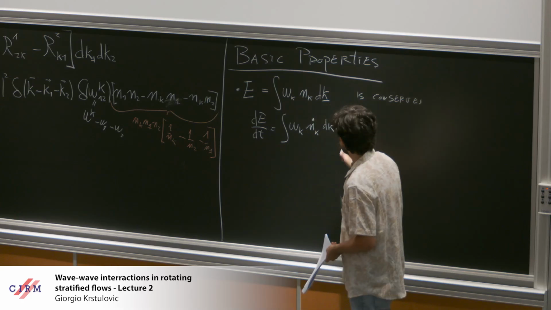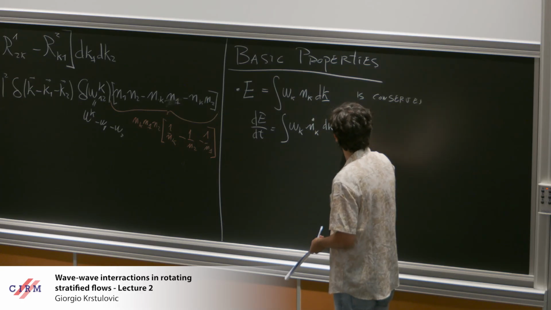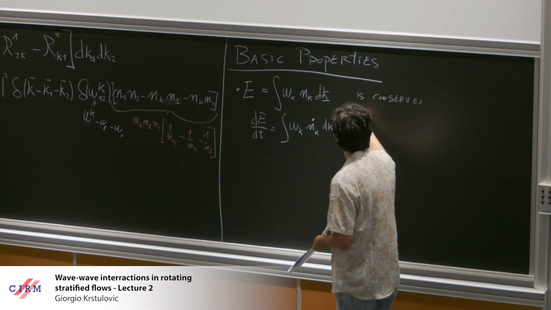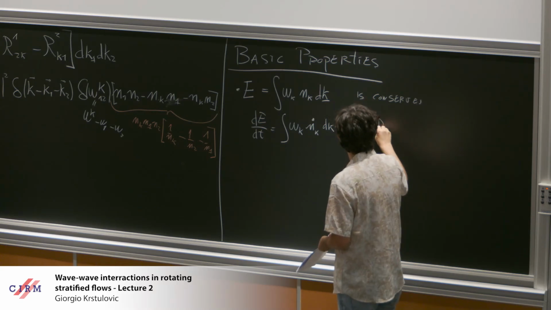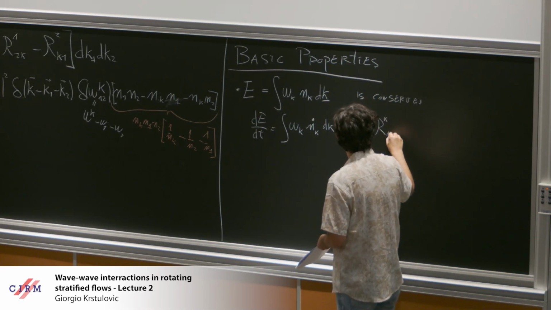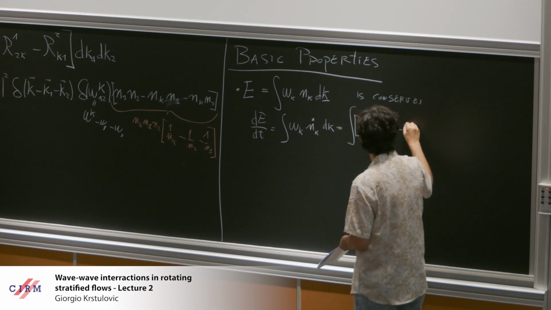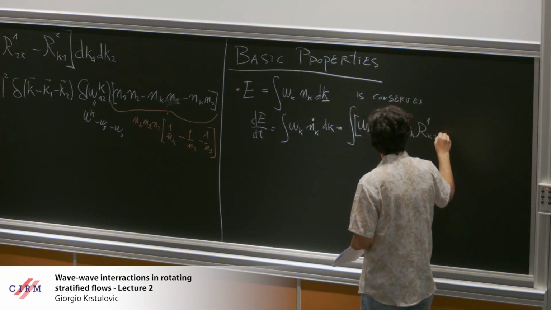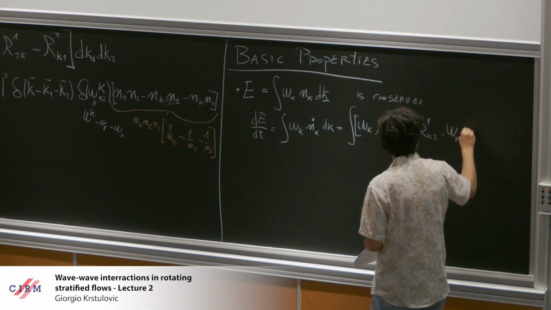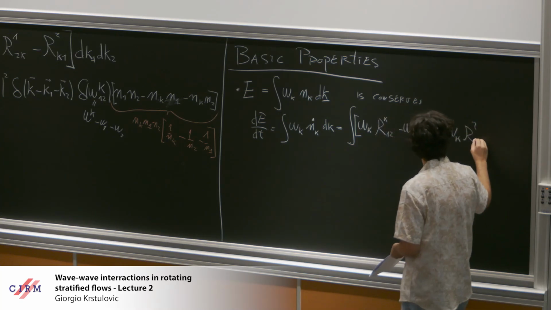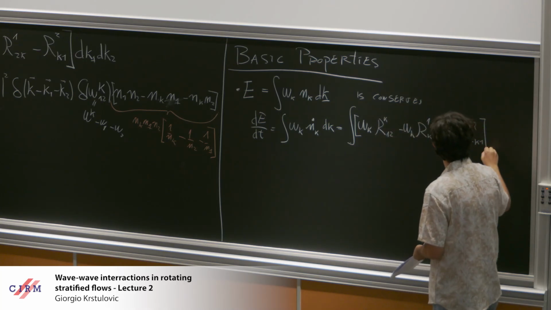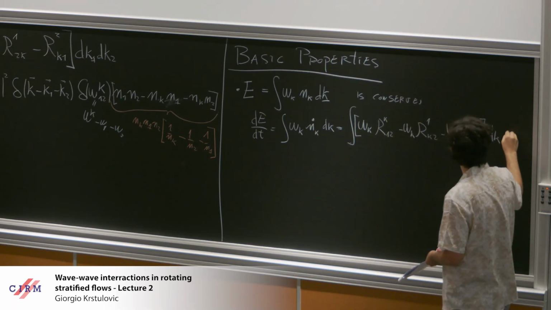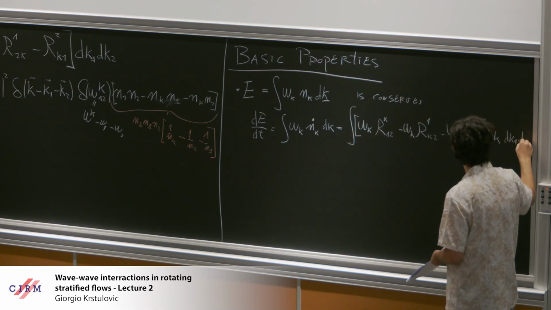You use the kinetic equation, and you will get omega k LK12, with an extra integral dk, dk1, dk2.